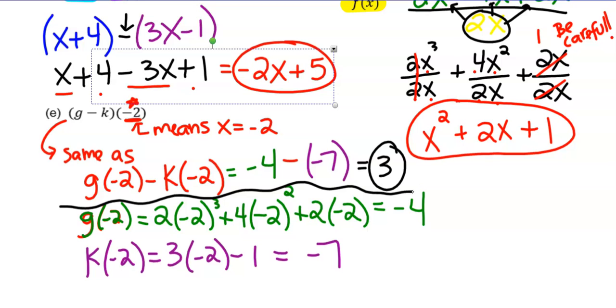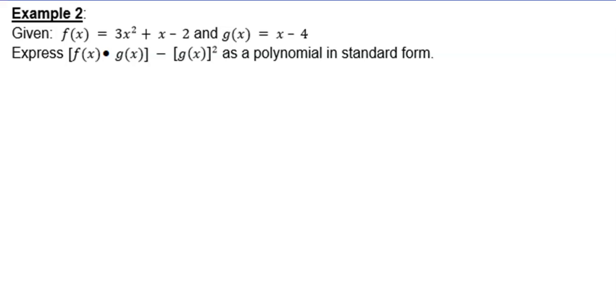All right, so moving on to some more complex problems. Example 2, you have two functions, f of x and g of x. And then they want you to do a lot of things to it.